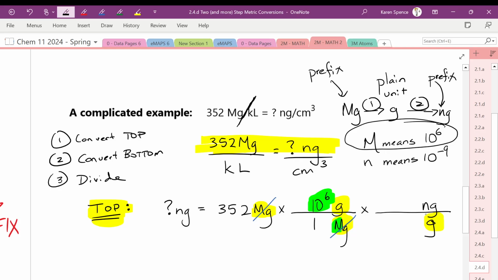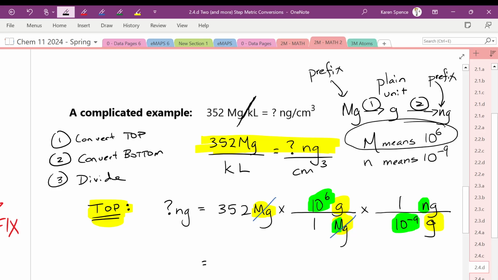And the 1 goes with the prefix. And because nano means -9, what do we put with the gram? 10 to the -9, right? That's because nano means 10 to the -9. So I have 1 nanogram.